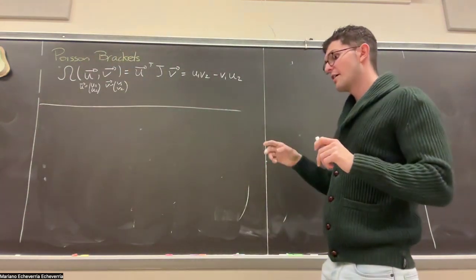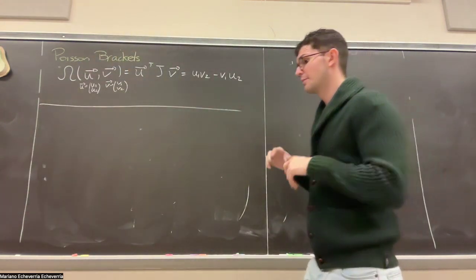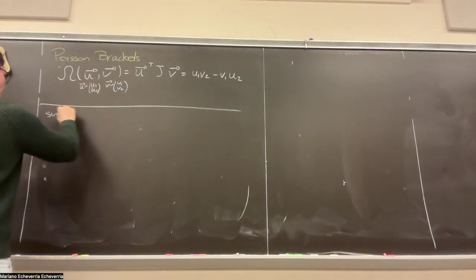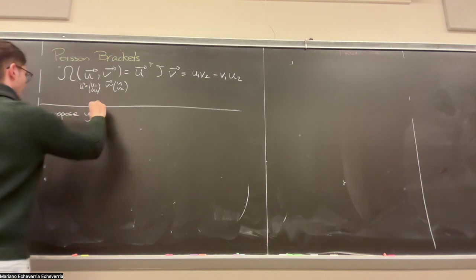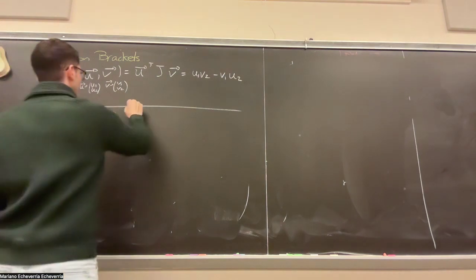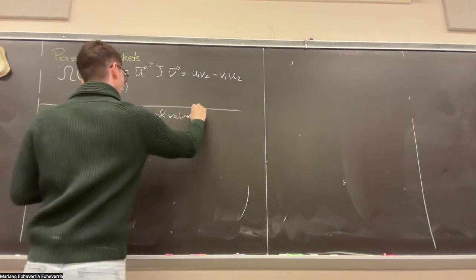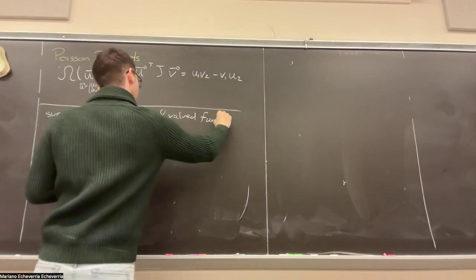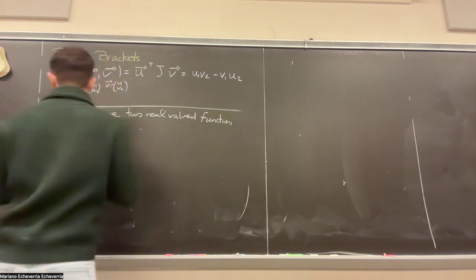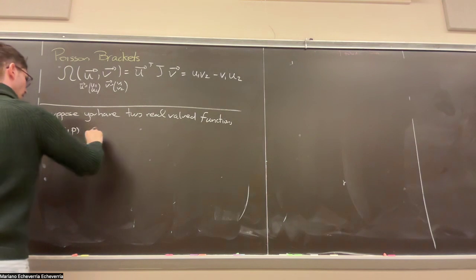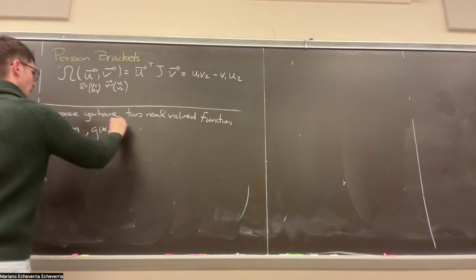Now imagine that you have two functions of x and p. So now suppose two real valued functions from phase space.